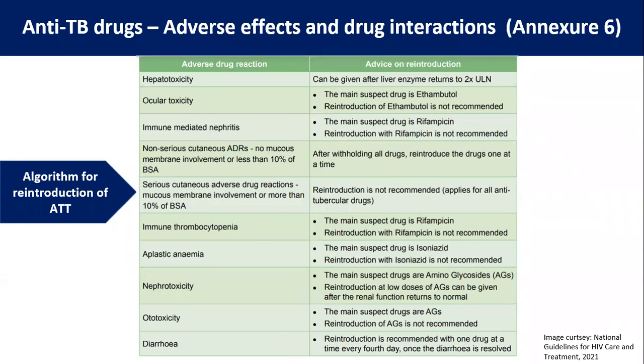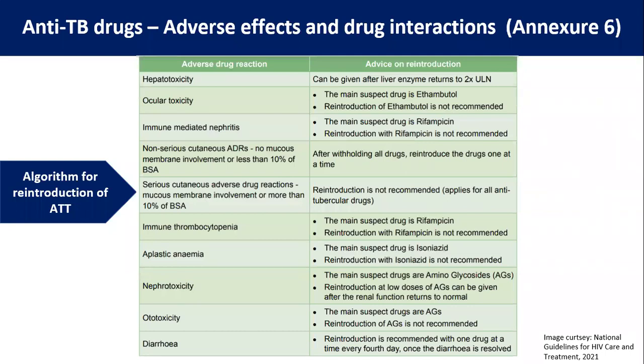And in case of immune thrombocytopenia and aplastic anemia, we should not go for reintroduction of the offending agent. Immune thrombocytopenia, we know, is possible with rifampicin, while aplastic anemia is mostly produced by isoniazid, and nephrotoxicity is mainly by aminoglycoside.